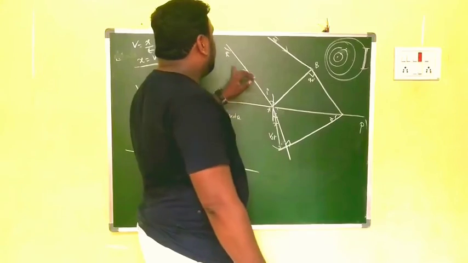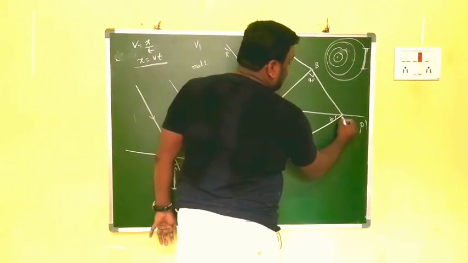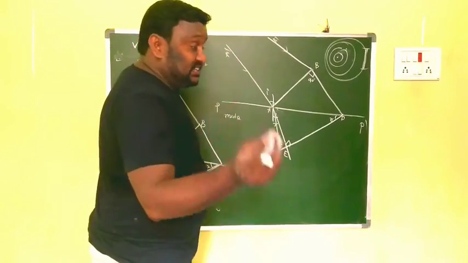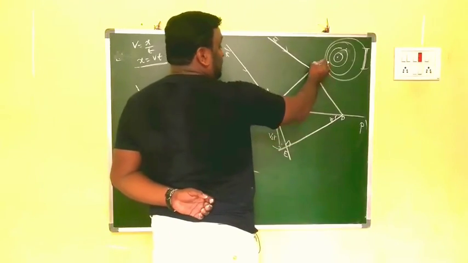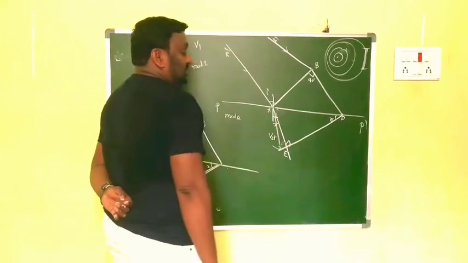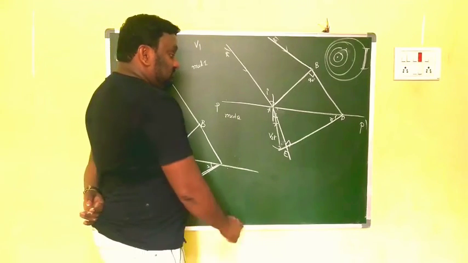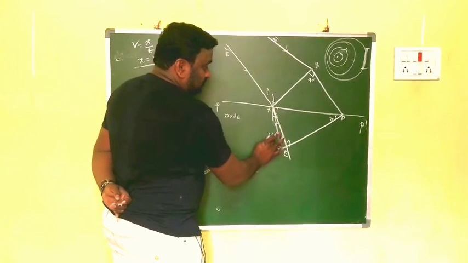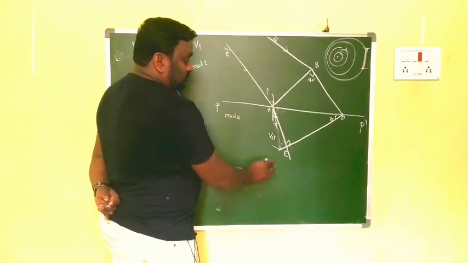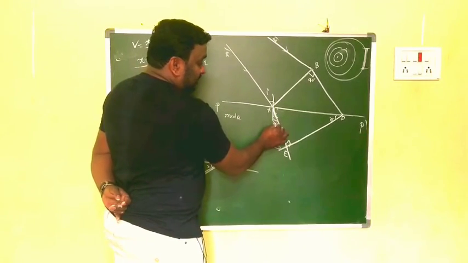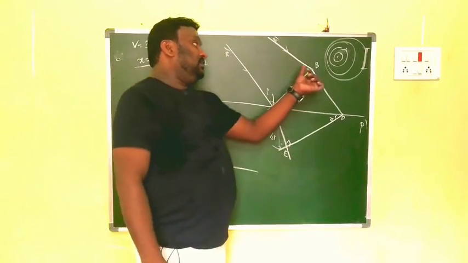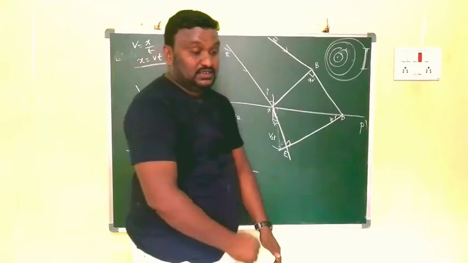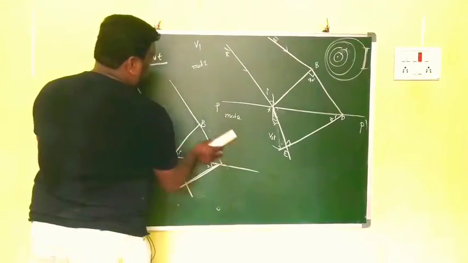So for example, I am using A dash, A, B, and I am taking this D and this E. Here the assumption is that the time taken by the wave to move from B to D must be equal to that from A to E. Clear? So this is the refracted ray, and this is the angle of refraction. So the time taken to travel from B to D is equal to that from A to E. Clear, children? Now we are going for the derivation.